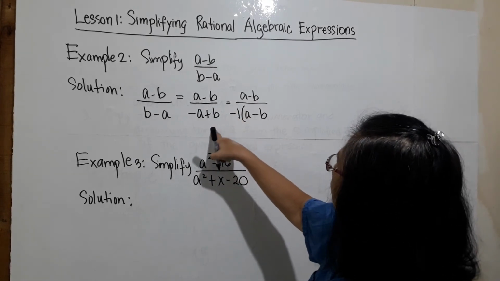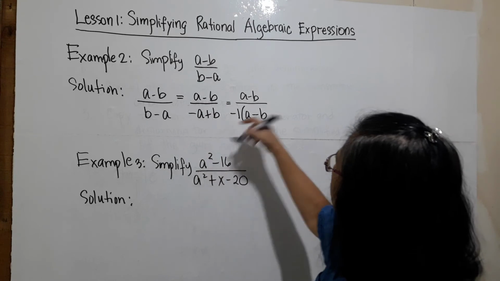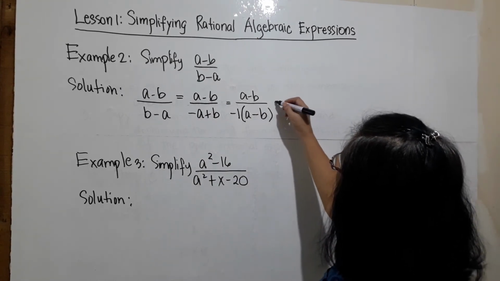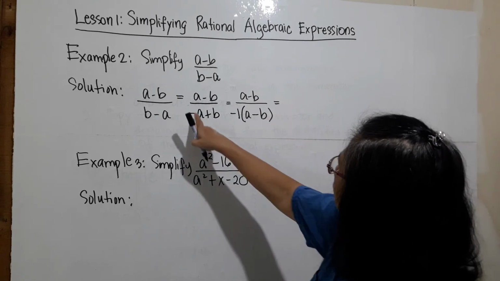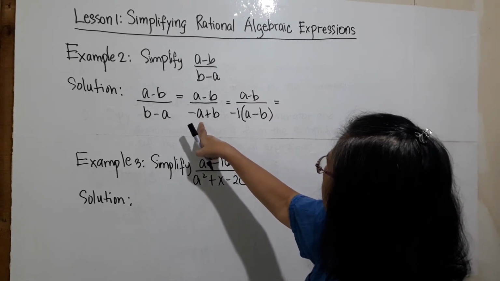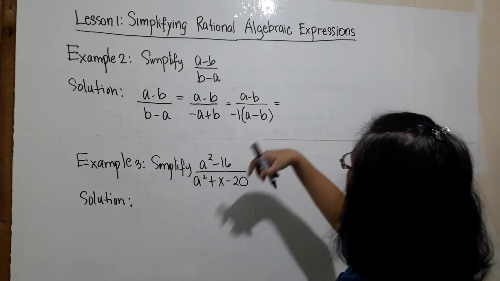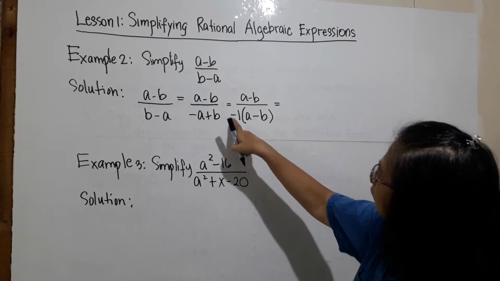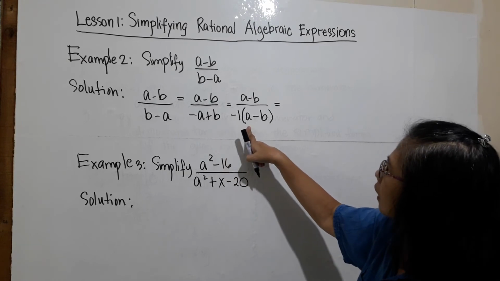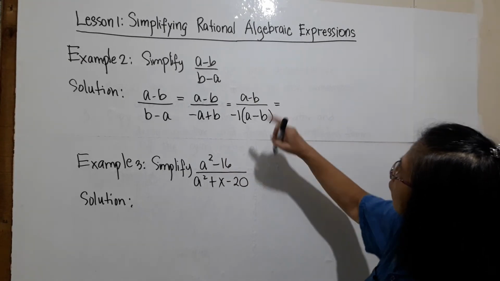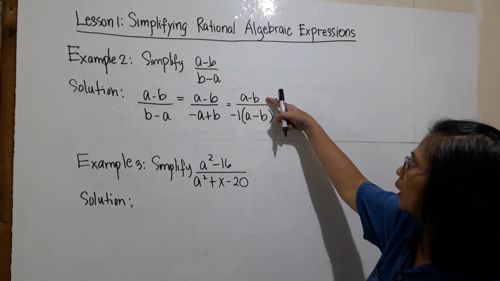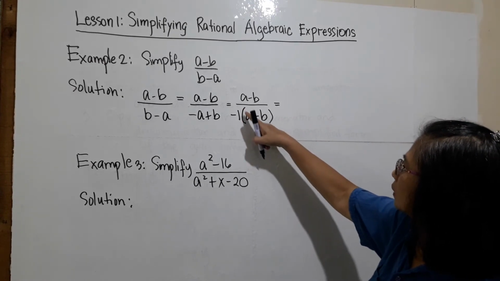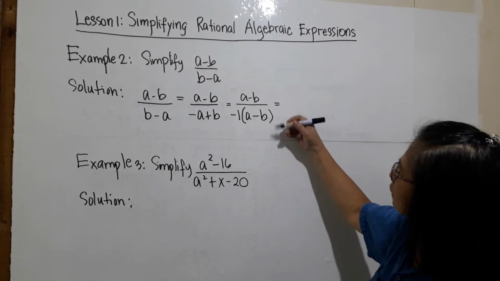So we factored out 1 from the terms a and b. Why? Because the numerical coefficient of a and b is 1. But we have to have negative 1 so that a will become positive. So we can now cancel as the numerator and the denominator are the same, which are the terms inside the parentheses.